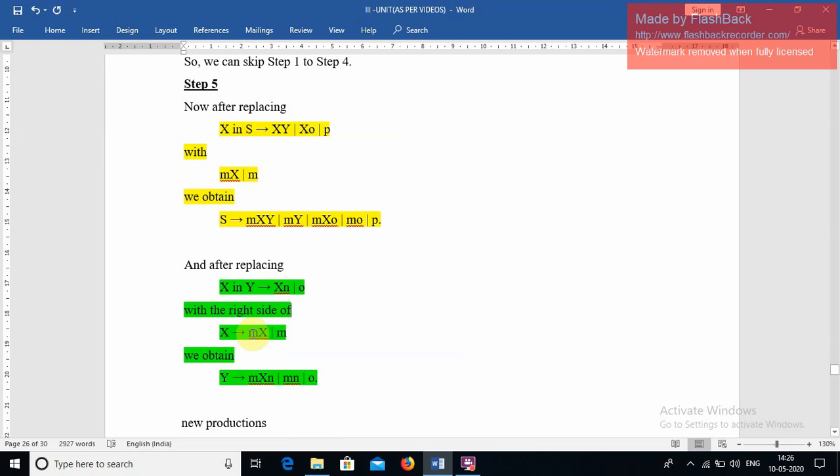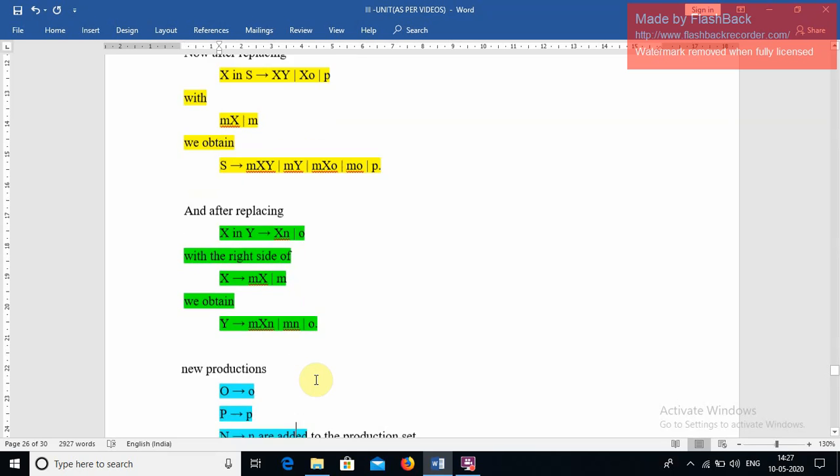MXM. So in place of X we define MXN and MN, and O alone we can get. Okay, so what we did is just substitution of the capital X non-terminal production rule into the S production rule as well as the Y production rule.